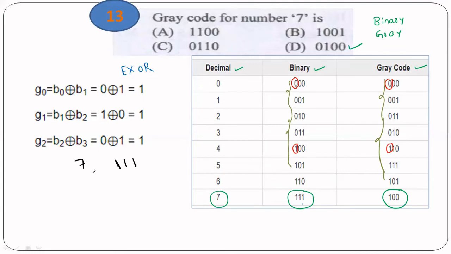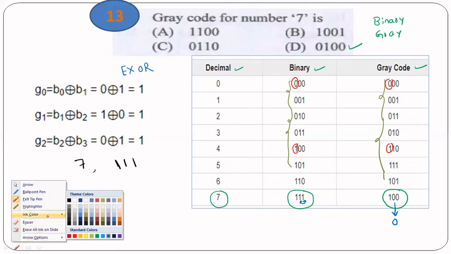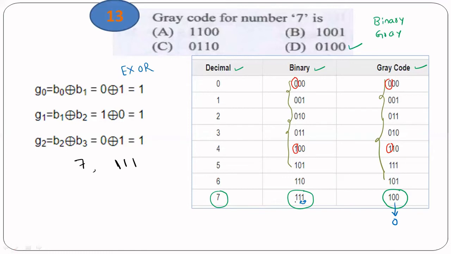As you know, 1 XOR 1 gives 0. Similarly, 1 XOR 1 again gives 0.